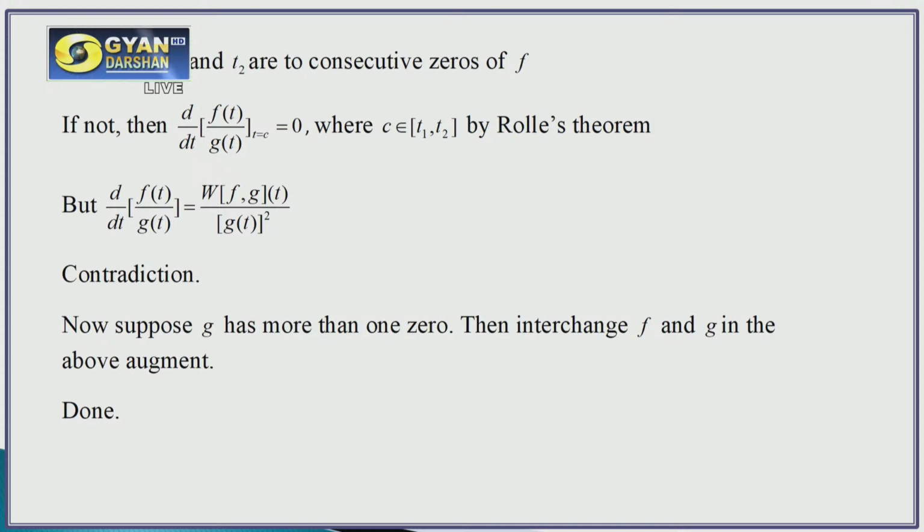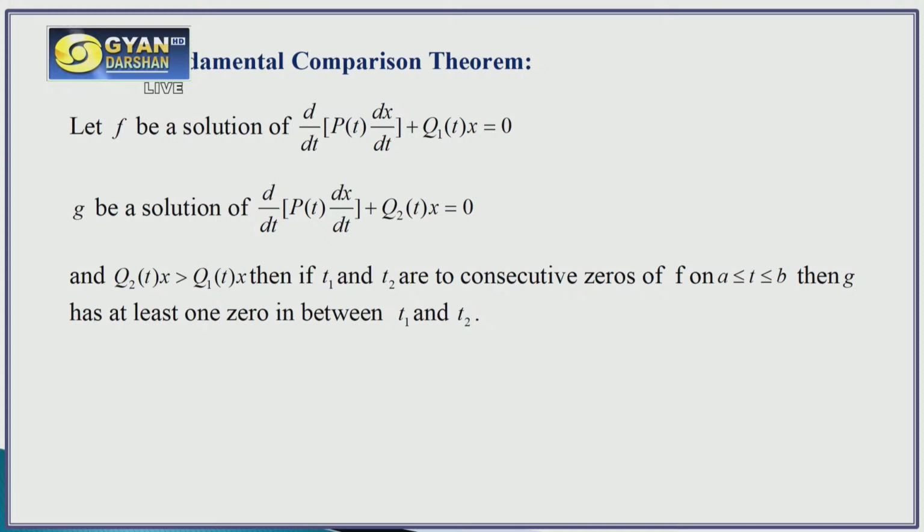I am just going to explain one more theorem, just the statement, which is also very important, in the next slide. It is Sturm's fundamental comparison theorem. This is another important result related to self-adjoint equations and Sturm theory. Suppose there are two different equations; only q1 and q2 are different. Basically p is the same, but the coefficients of x are different.